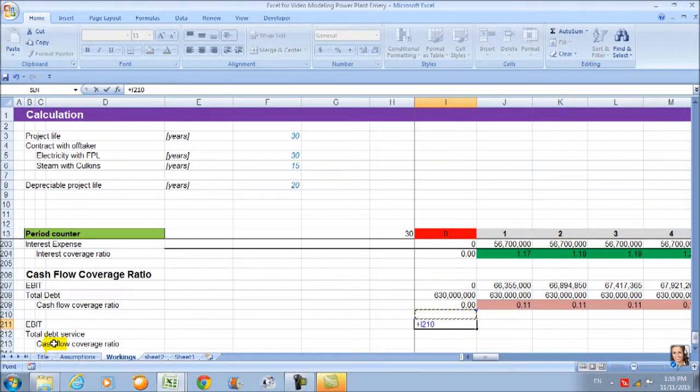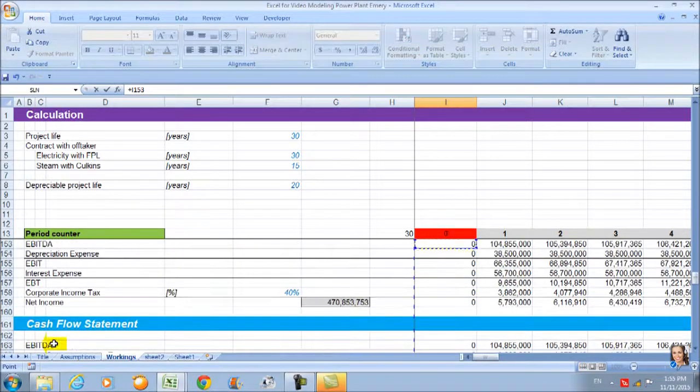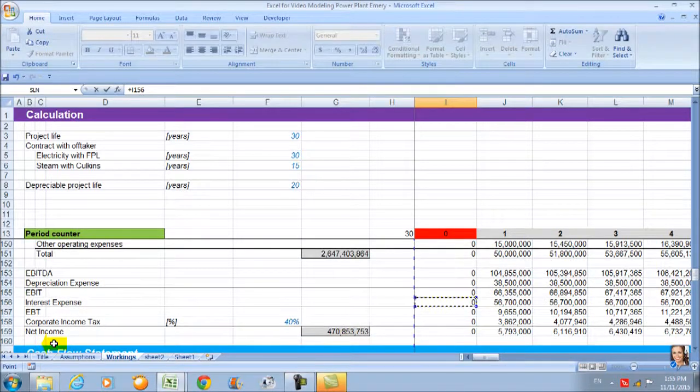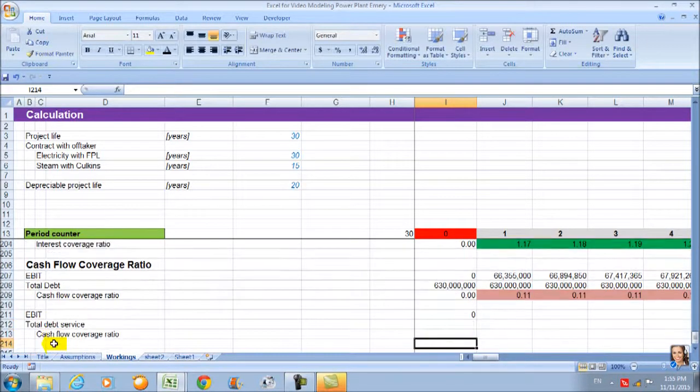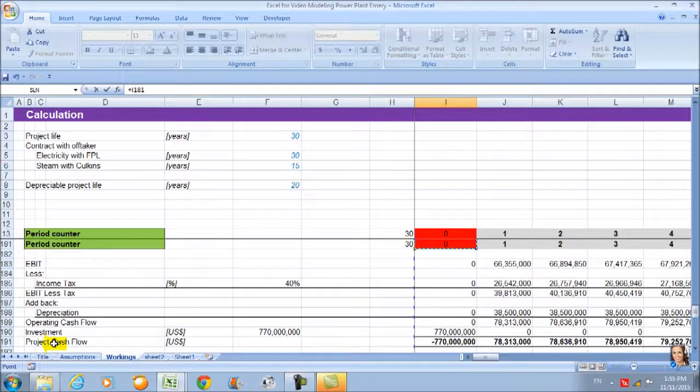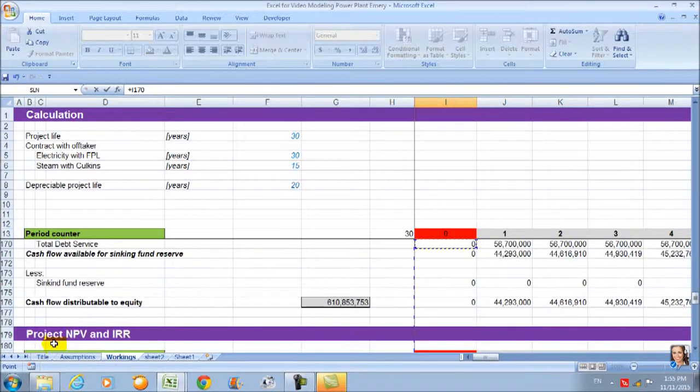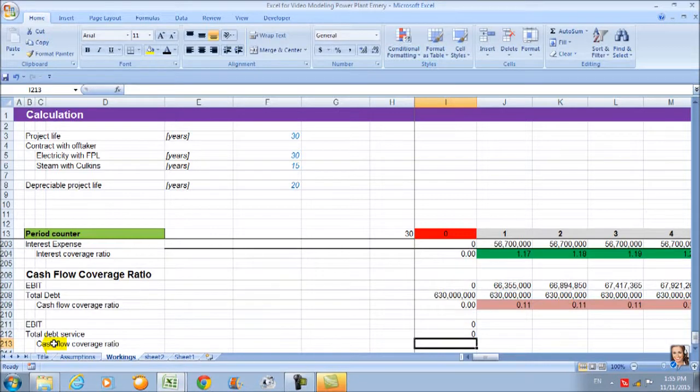You have the EBIT taken from the profit and loss, and then you have debt service, and then you have the ratio. If there is debt service, then it is divided by this, otherwise you have 0.